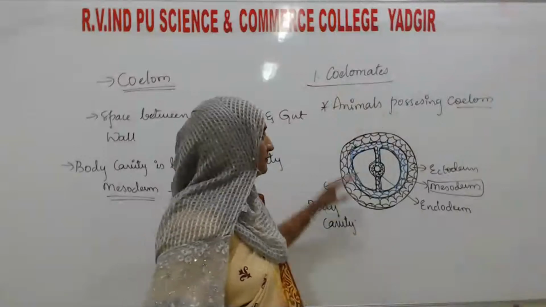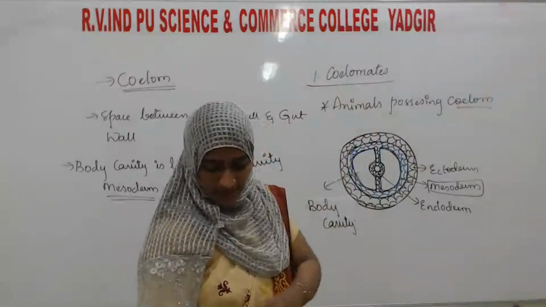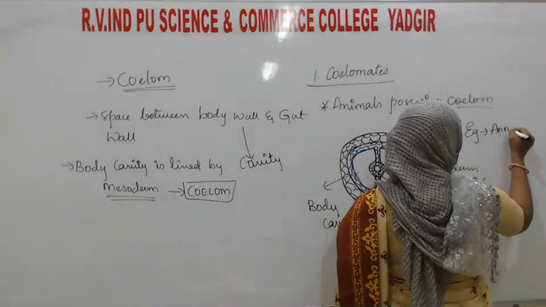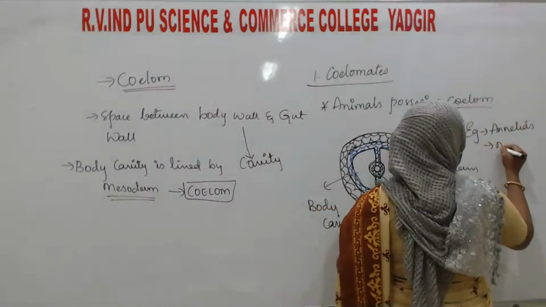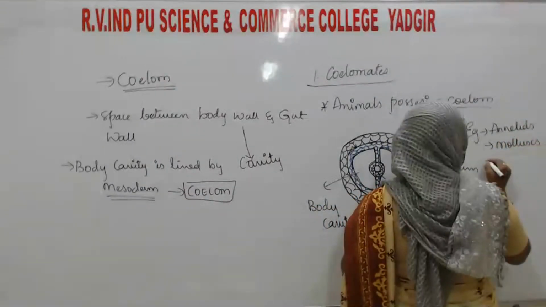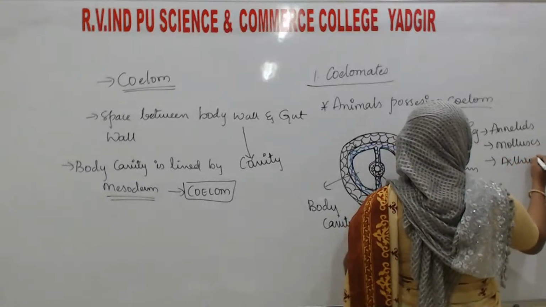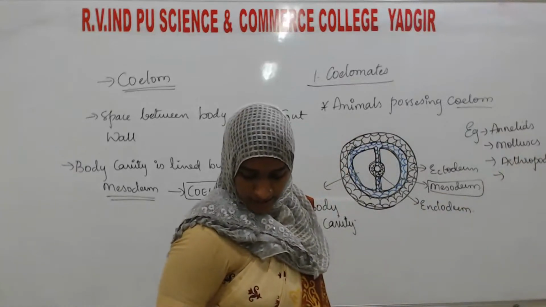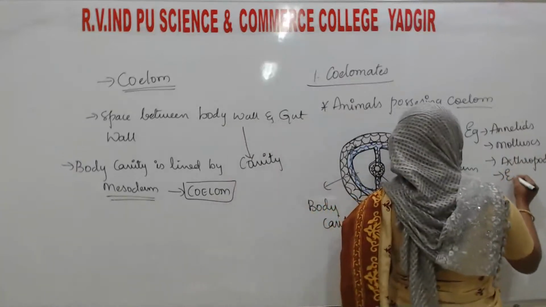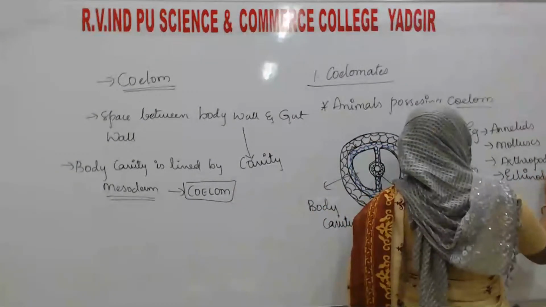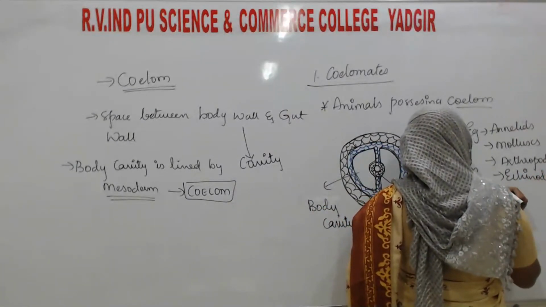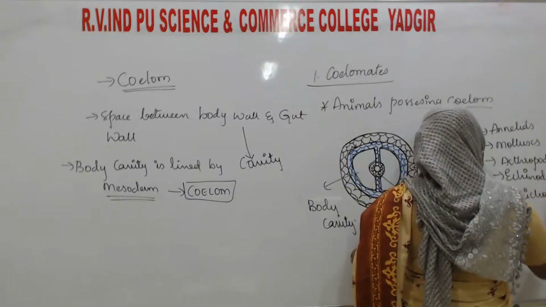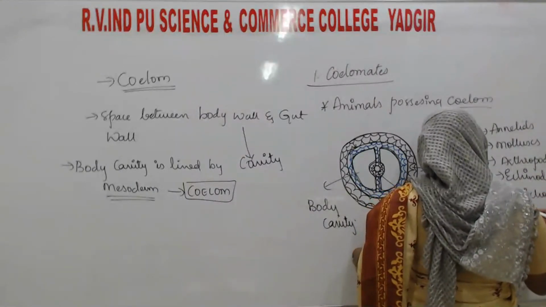What are the examples for the coelomates, sir? Examples: annelids, mollusks, arthropoda, echinoderms, hemichordata, and one more, chordata.